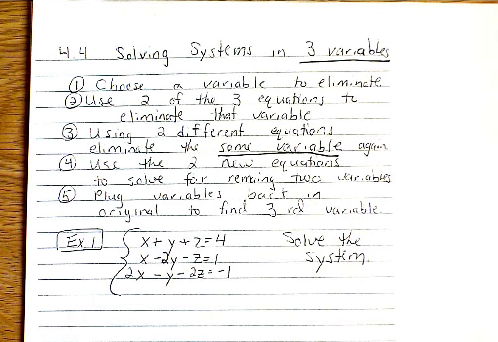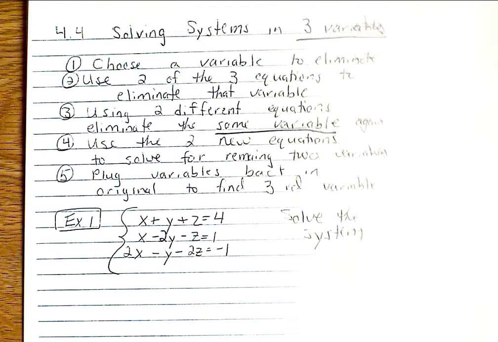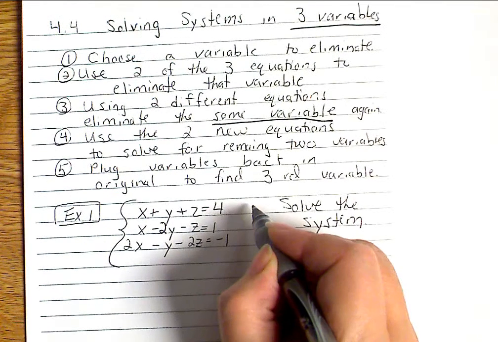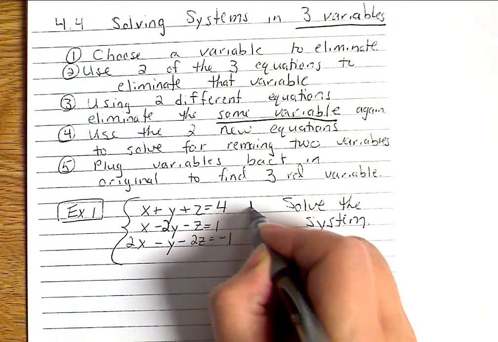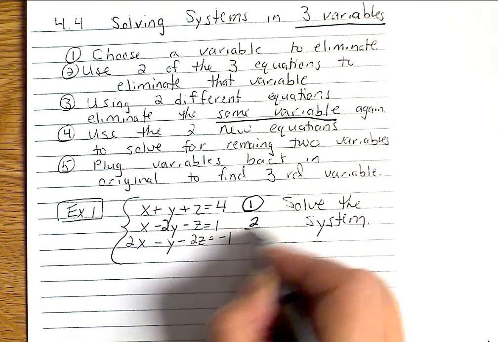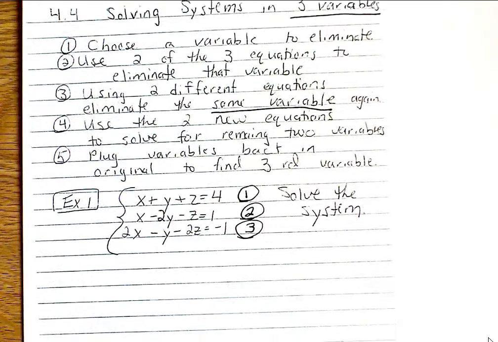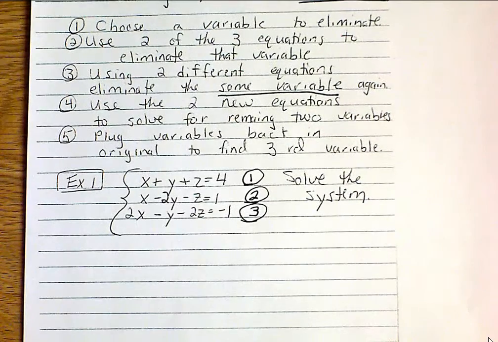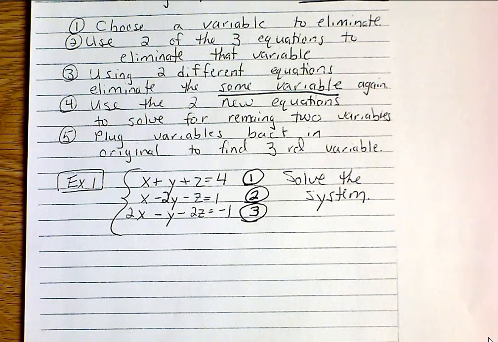All right? So, to help you guys out, when you're looking at your notes again, call this 1, 2, and 3. So we are going to have 3 equations: our first equation, second equation, and third equation. Now, when you are doing these on your own, it doesn't matter if you pick X, Y, or Z to get rid of.